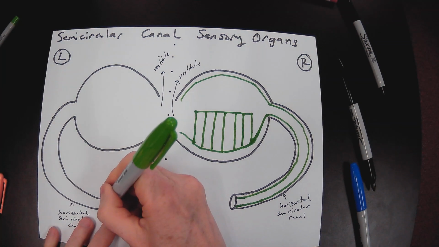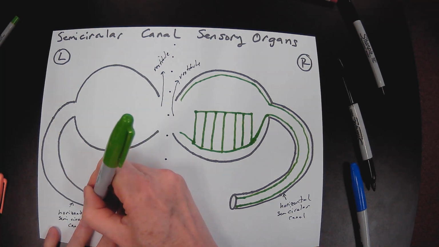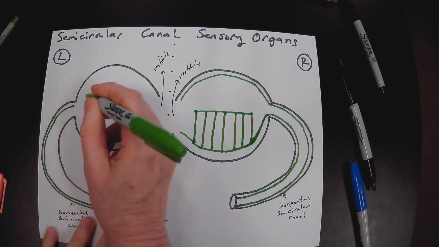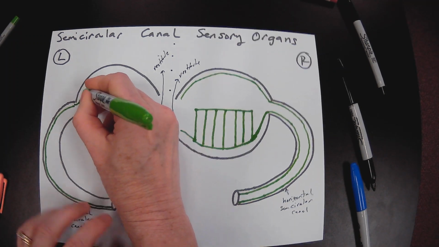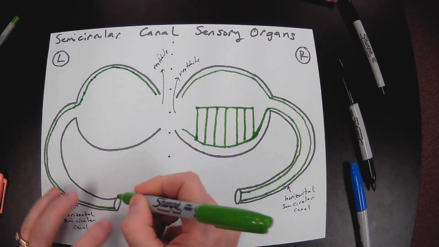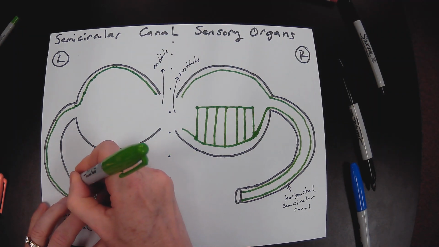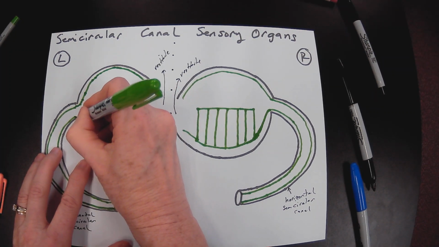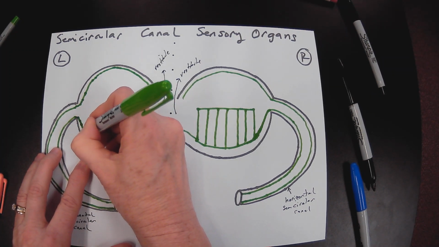And the same situation exists on the left side in the horizontal semicircular canal. We have your membranous labyrinth here. And then on the bottom in this ampulla, you have some tall cells.